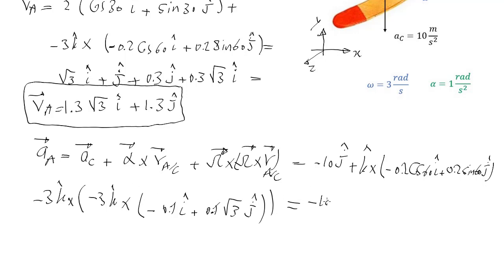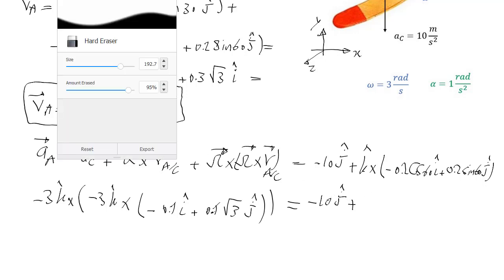So this is minus 10j plus k cross I is j, and we have a minus here, so that is going to be a minus sign.